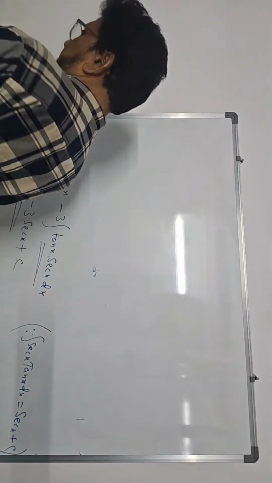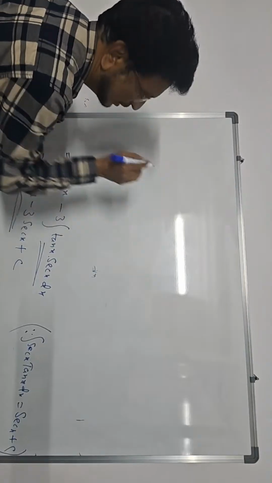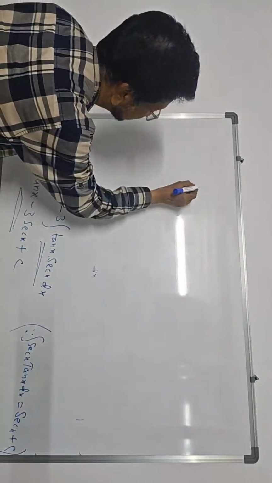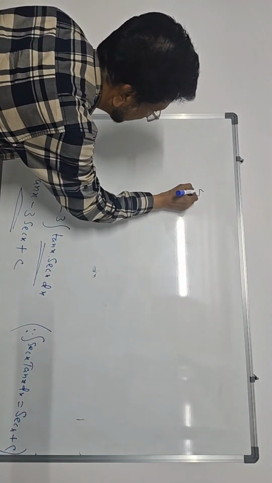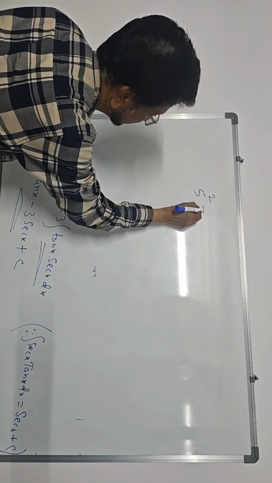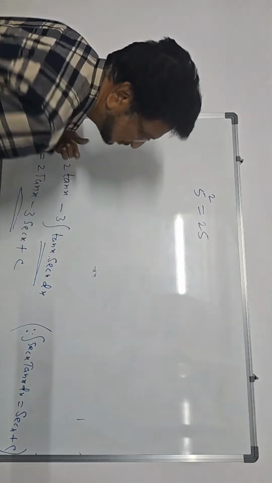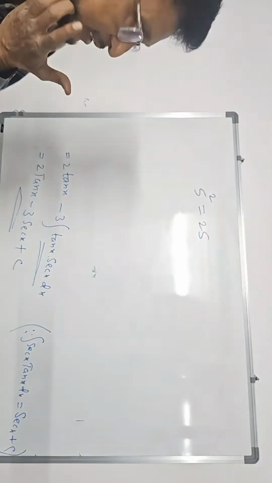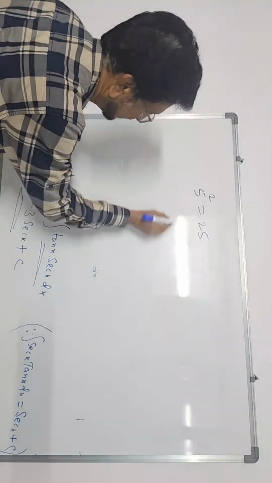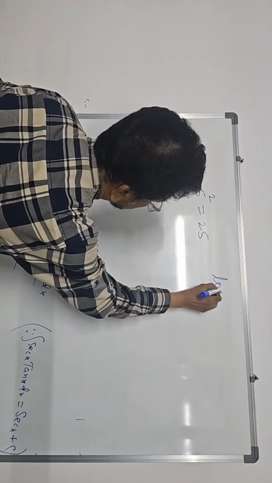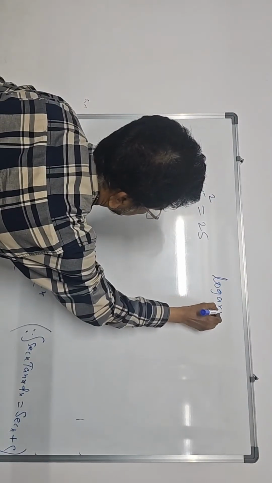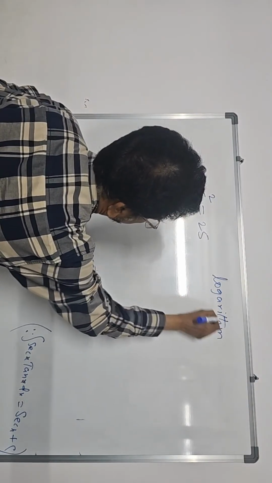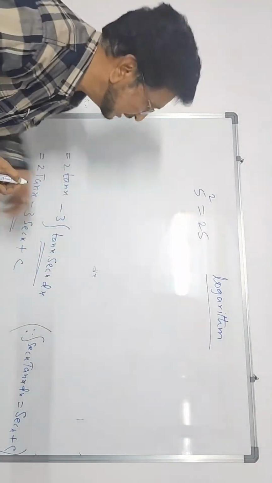For 10th class students, suppose we write 5 power 2 is equal to 25. Right or not? Yes. Then by using logarithm, we can write this expression.